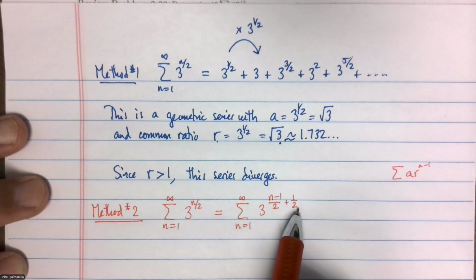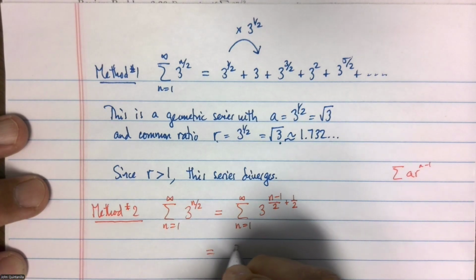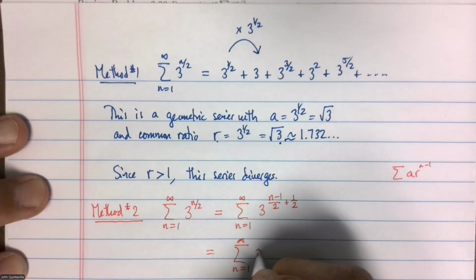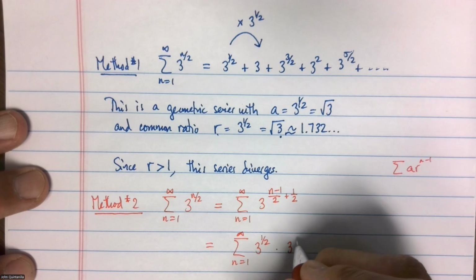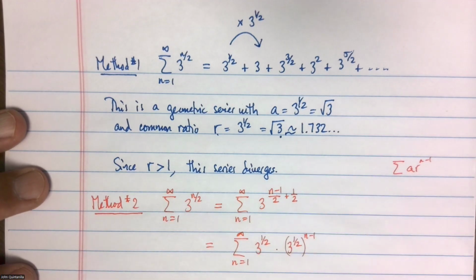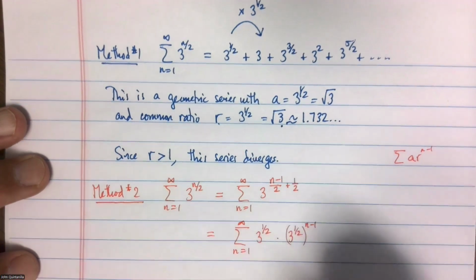If I add these together, I would get n over 2. So this is equal to the summation of 3 to the 1/2 times 3 to the 1/2 to the n minus 1. If I multiply these together, I would get this.